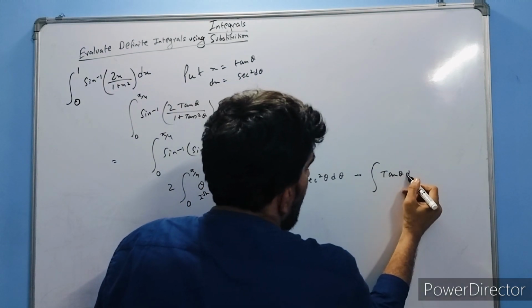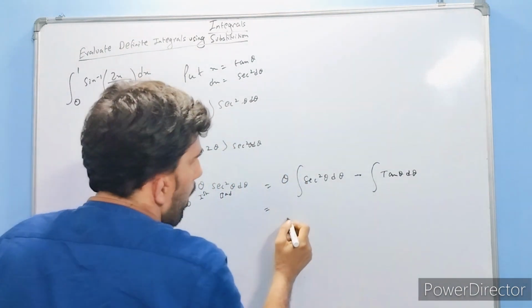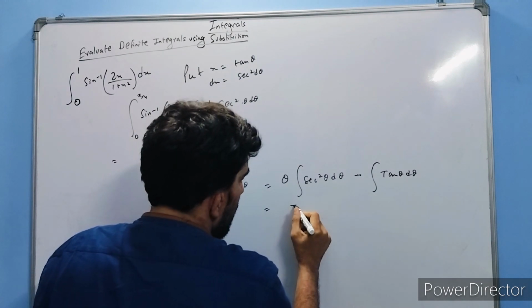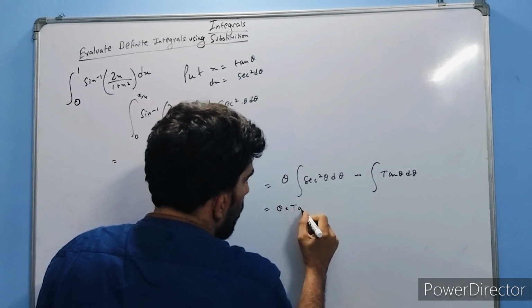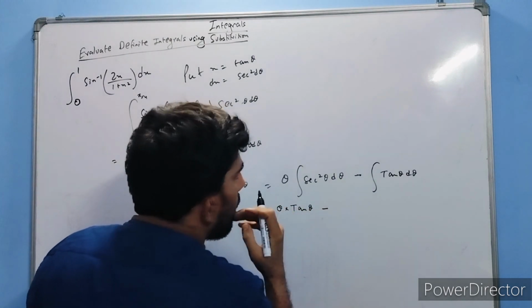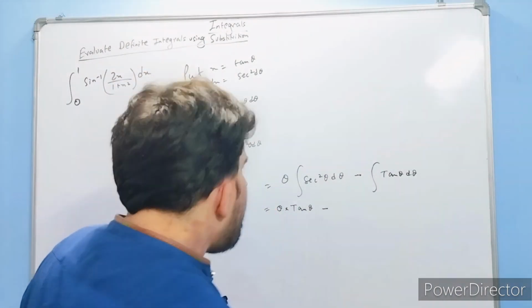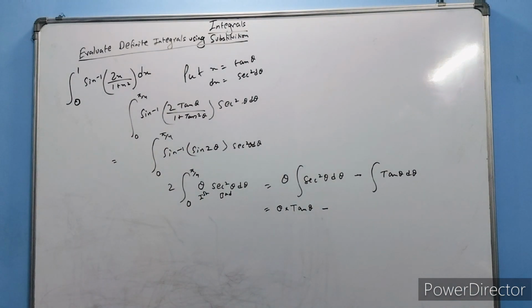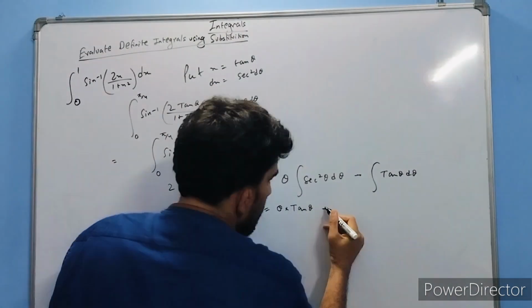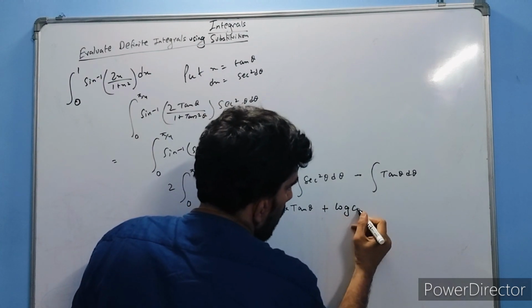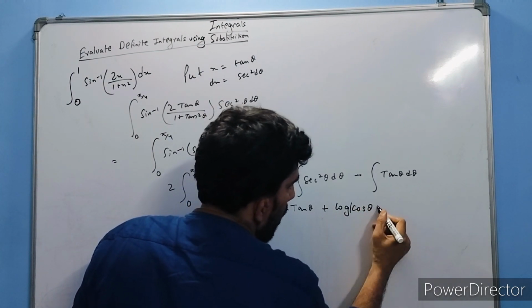So now I have theta into tan theta minus the integration of tan theta, which will be plus log cos theta plus c.